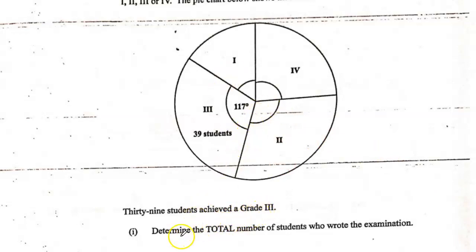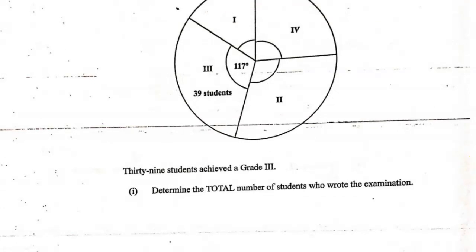Determine the total number of students who wrote the exam. Now to find the number of students, you will notice that 117 degrees represents 39 students.